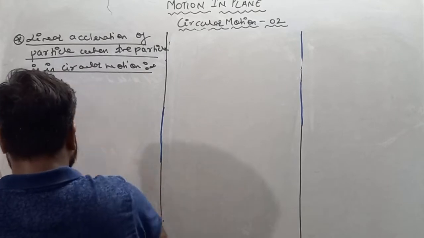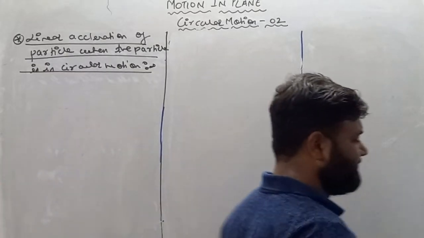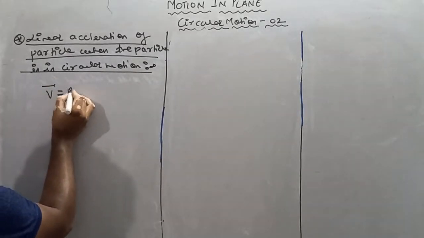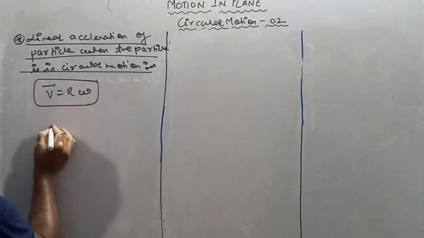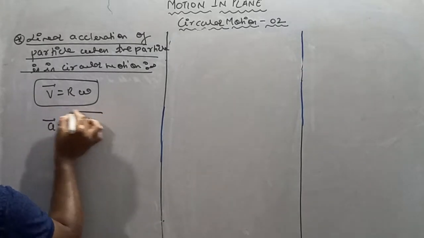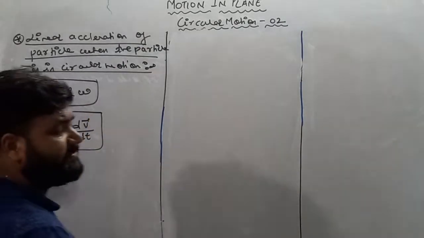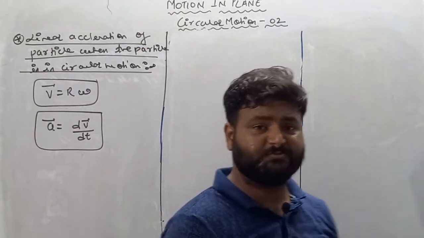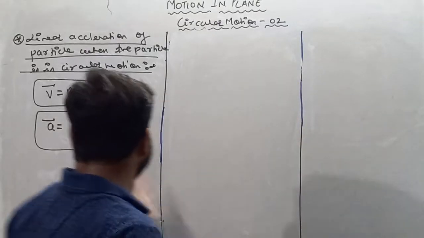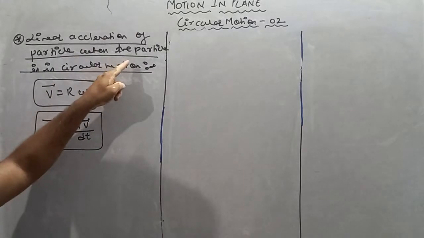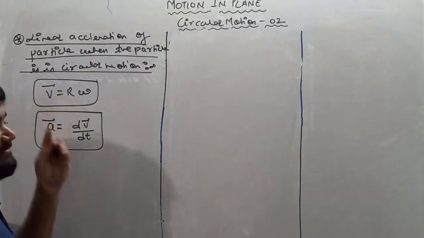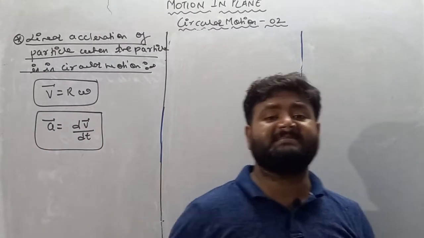So we already know about linear velocity. Linear velocity is nothing but r omega, and we know that acceleration is nothing but dv vector by dt. We are using linear relations because we are talking about linear quantities, my dear student. We are finding the linear acceleration of the particle when it is in circular motion.